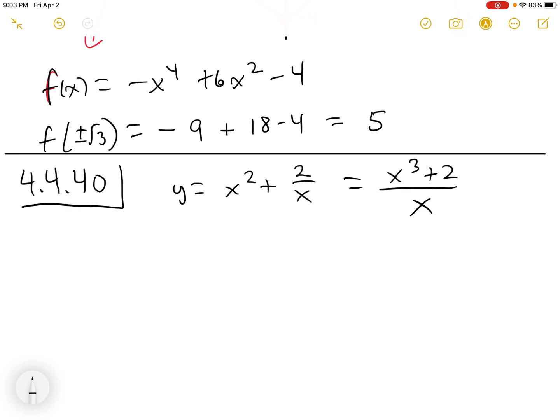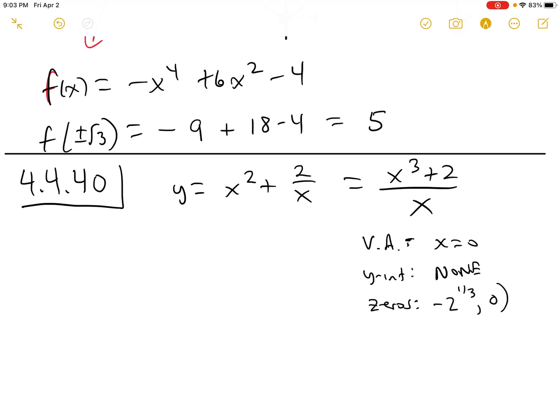And before we do anything, we know all this stuff about rational functions. I got a vertical asymptote where x equals 0. Since there's a vertical asymptote through the y-axis, there is no y-intercept. I have a 0 at minus 2 to the 1/3, comma 0.